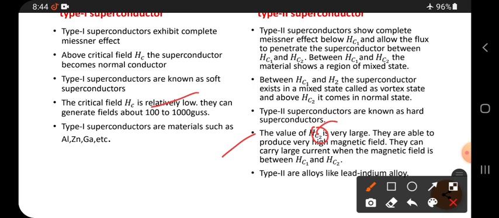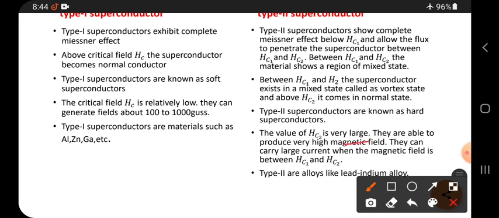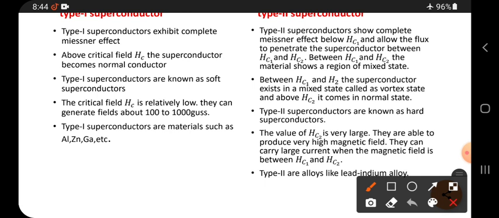So they are able to produce very high magnetic fields. They can carry large currents when the magnetic field is between Hc1 and Hc2.